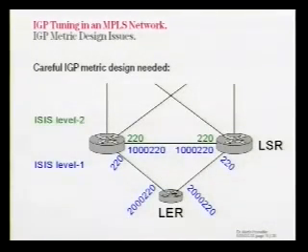So what we did is some IGP metric design like this. This is an example of a typical POP. The two LSRs are in the TE topology, and all their link metrics are in ISIS level 2, and these are actually set by the optimization tool.